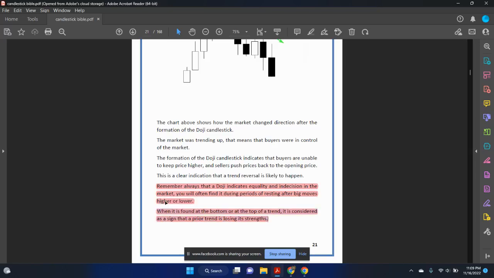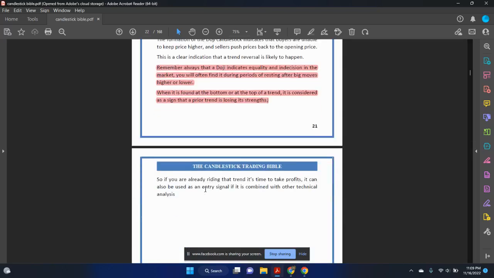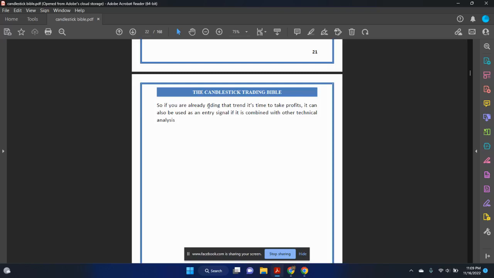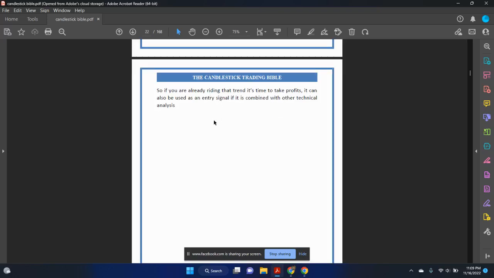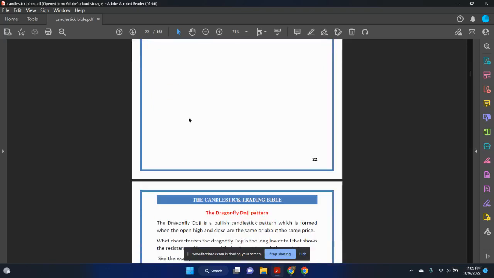These are good pinpoints. So if you're already riding that trend, it's time to take profits. It can also be used as an entry signal if it's combined with other technical analysis. So either you take your money that you have, or you're getting in.